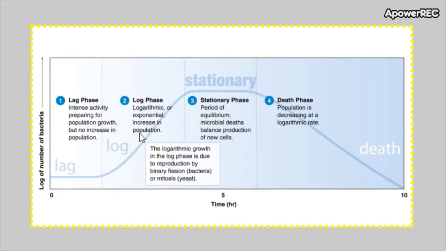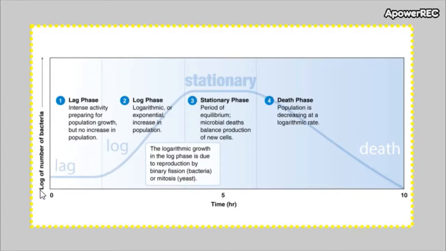And so log phase, again, is that sort of doubling every so much of time. And that's an exponential amount of growth, and so an exponential increase in population. But instead of seeing a steep curve right here, it's linear, and that's because this is a semi-log plot.